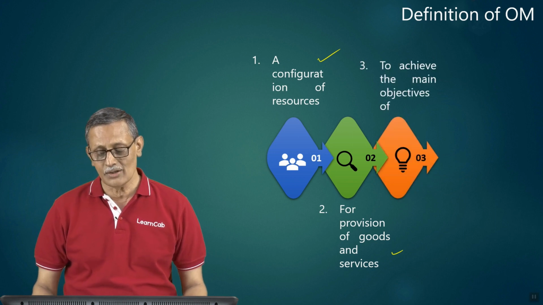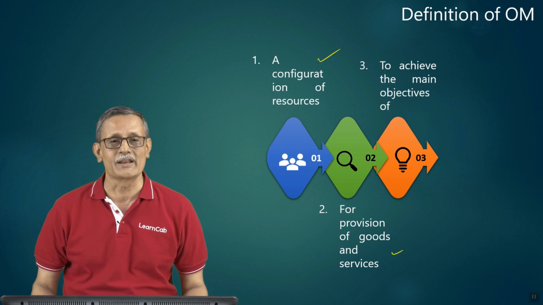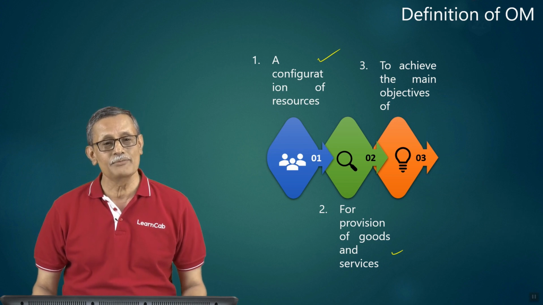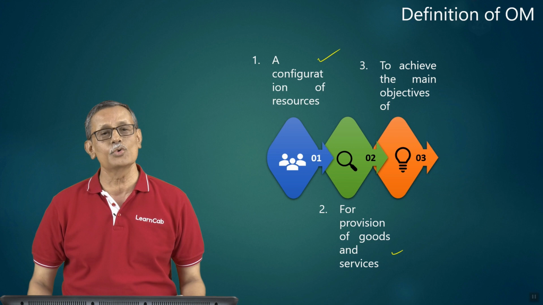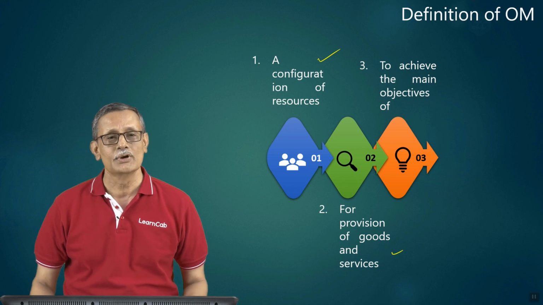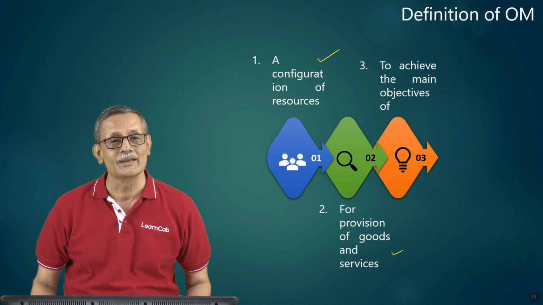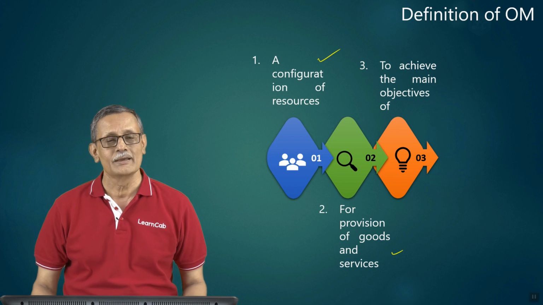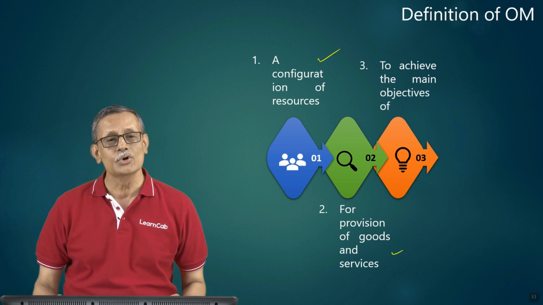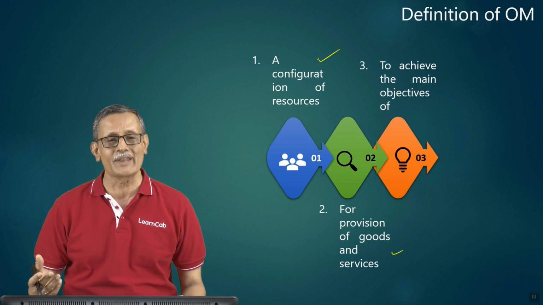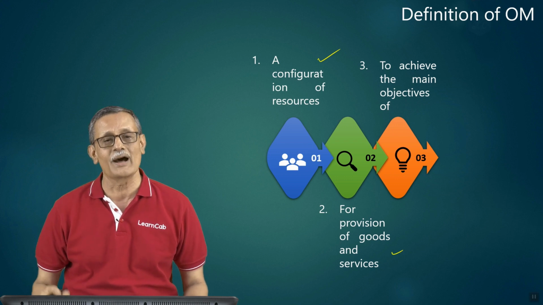To achieve the main objectives of an enterprise. Every enterprise is centered around particular objectives. If you see the textile industry, they have an objective of providing so many thousand spindles of yarn per hour.